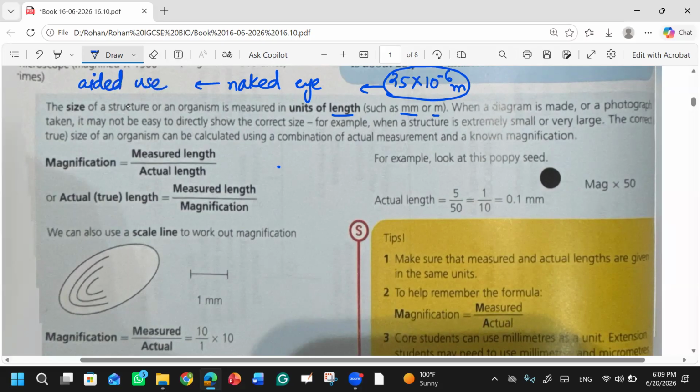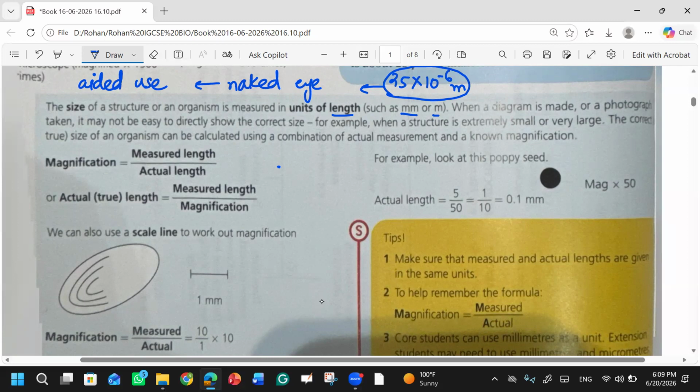There are different microscopes. In the old times, they were using the simple microscope. Then with upgradation, scientists started using the electron microscope.